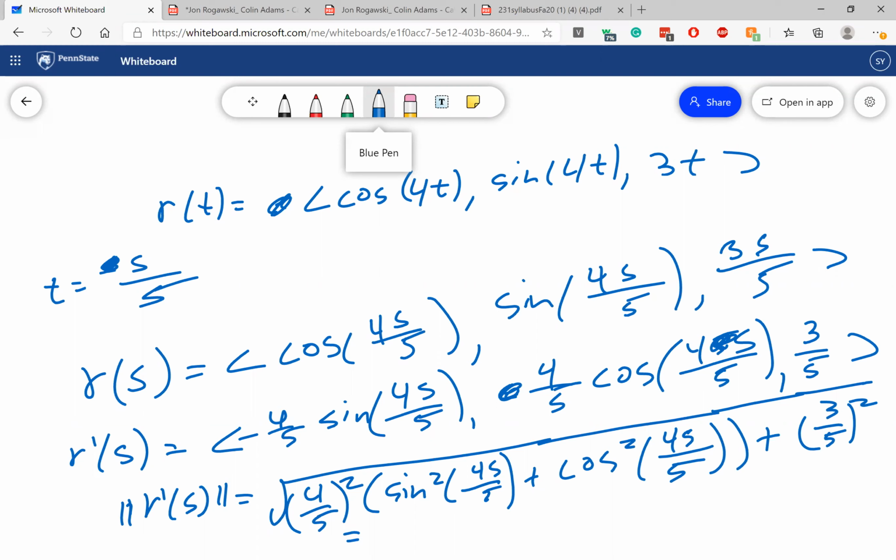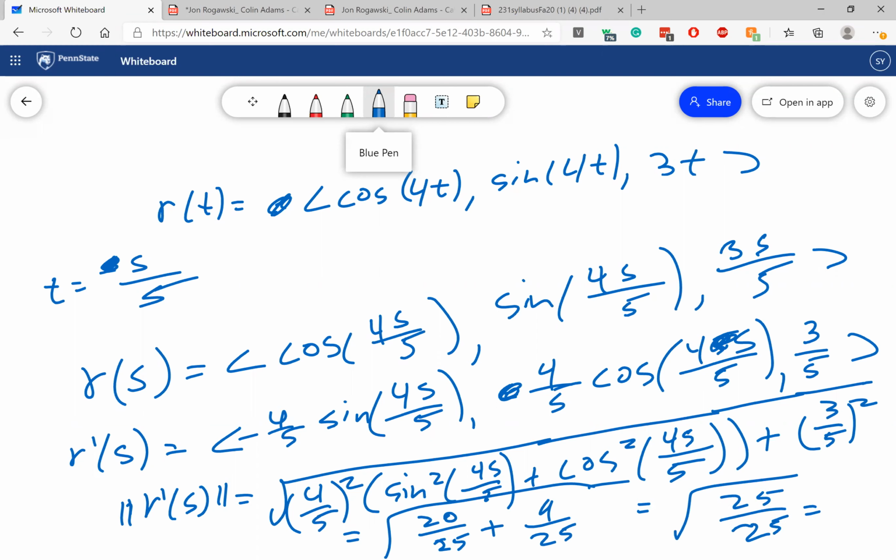And then this is 1 again. So this is going to be equal to 20 over 25 plus 9 over 25. And then this is going to be equal to the square root of 25 over 25, which is equal to 1.